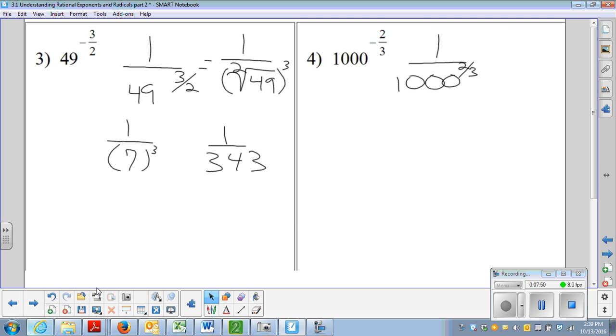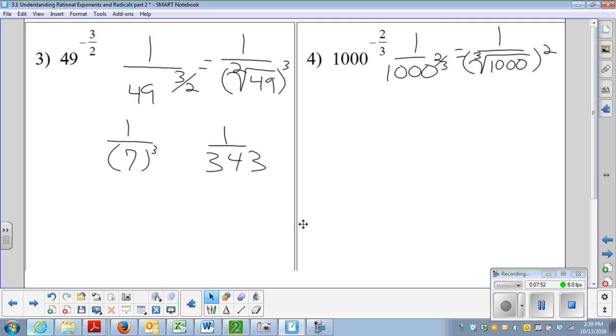Okay, so as we write our cube root here, 1,000 raised to the power of 2. We take the cube root of 1,000. That's going to be 10. We square the 10. We get 100. So you have 1,000 raised to the negative 2/3 is equal to 1 over 100.